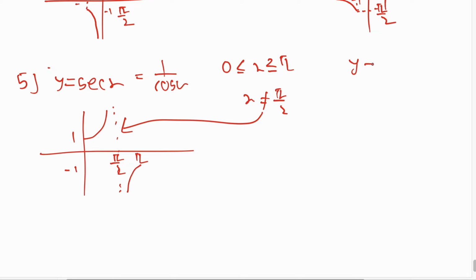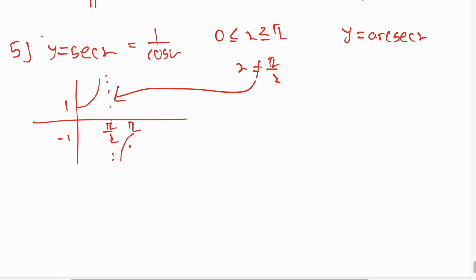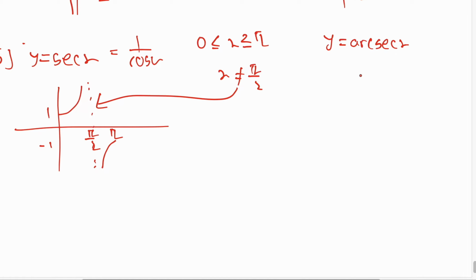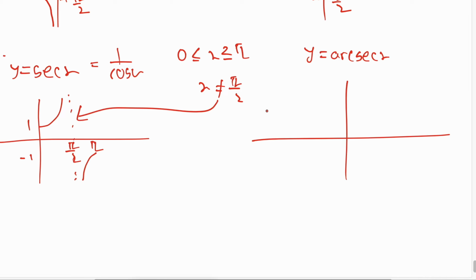So let's draw y equals to arc sec x. The x equal to pi by 2 asymptote line will be y equals to pi by 2, right? Okay, so let's draw the first asymptote, y equals to pi by 2. The y equals pi by 2 line. Then the shape of the curve would be this way and this way.